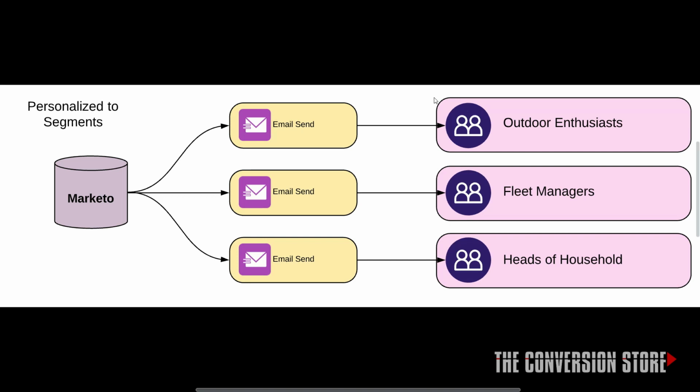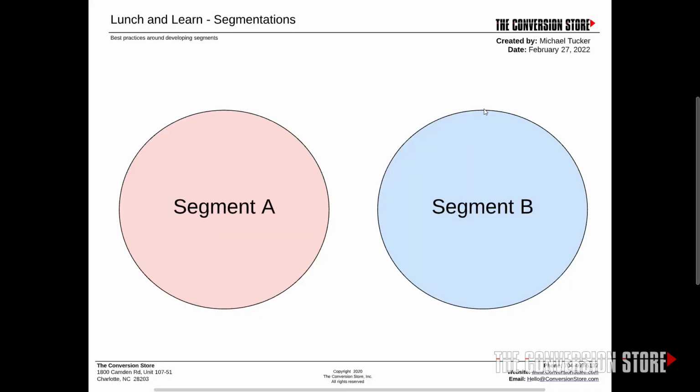It gives us a little more to build an even better crafted email. We might have hundreds or thousands or even millions of people in our Marketo database, so we really need rules like this in order to communicate to people on a one-to-one basis at scale.